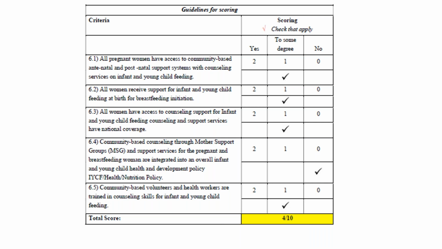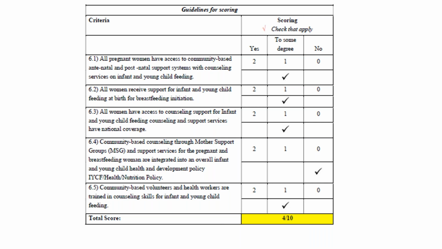The problem here is 6.4, and we scored 0 on 6.4 because this is asking the question about community-based counseling through mother support groups and support services for pregnant and breastfeeding women, that they should be integrated into an overall infant and young child and development policy. And we don't have that.